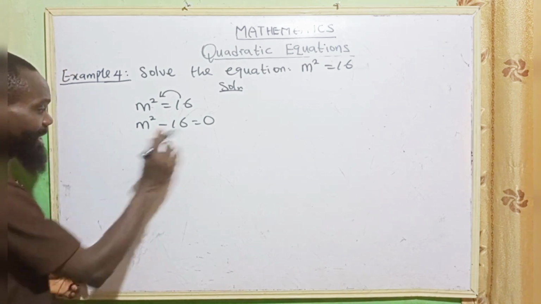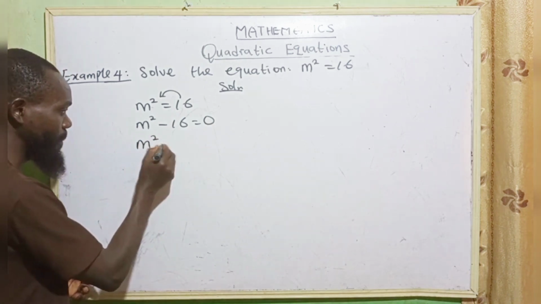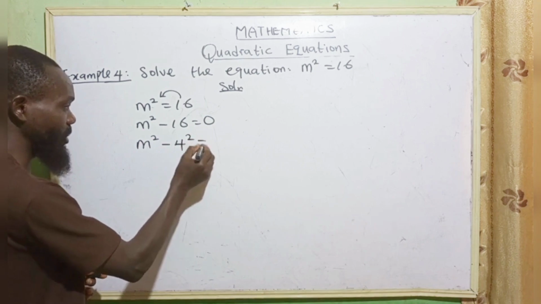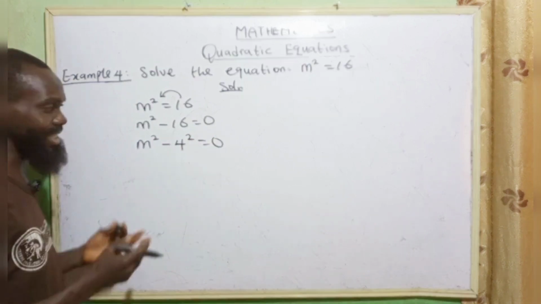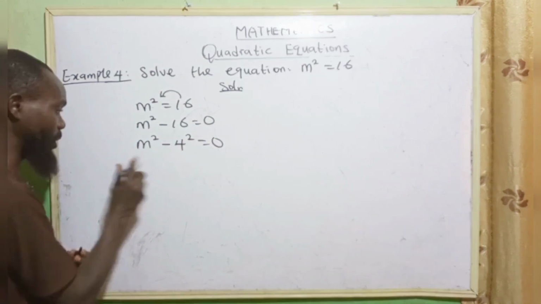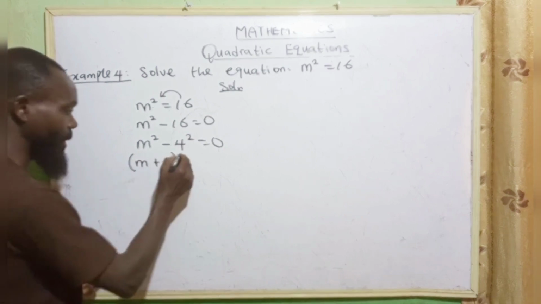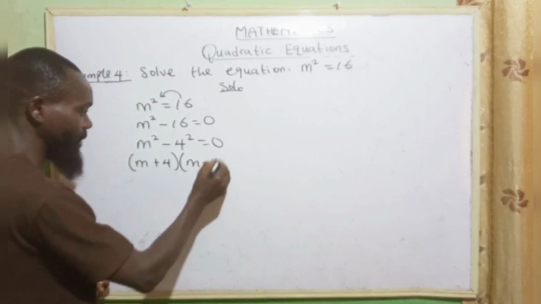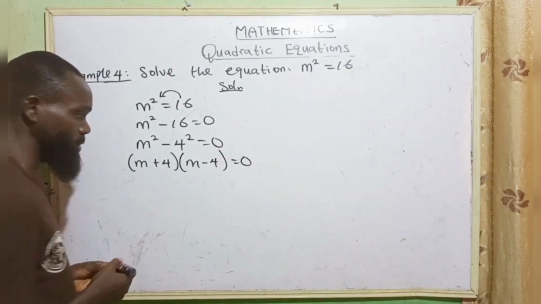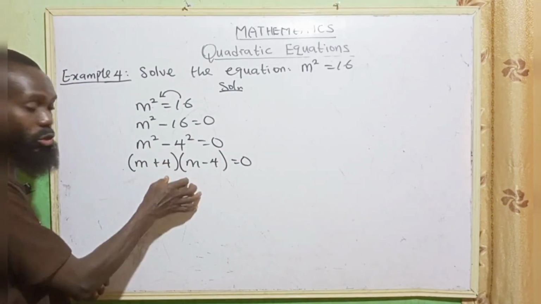So it can be written as m squared minus 4 squared is equals to 0. In writing difference of two squares, this equation becomes, open bracket, m plus 4, close the bracket, open another bracket, m minus 4, close the bracket, equals to 0. So this is the expression of this difference of two squares.